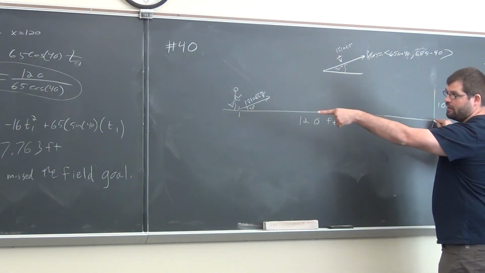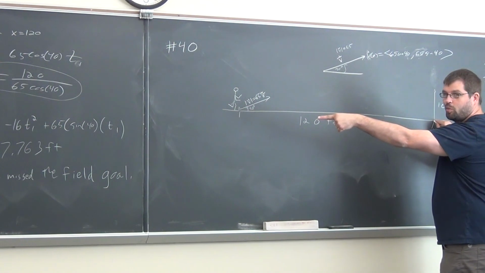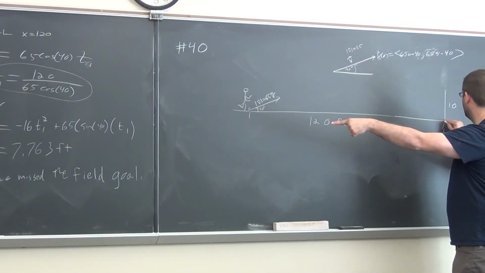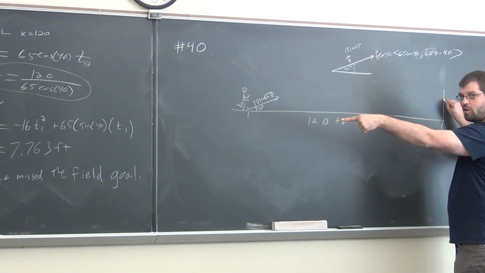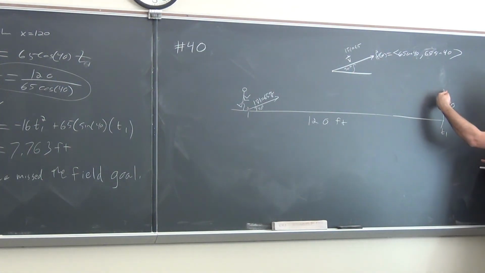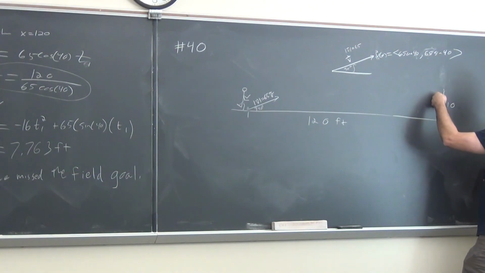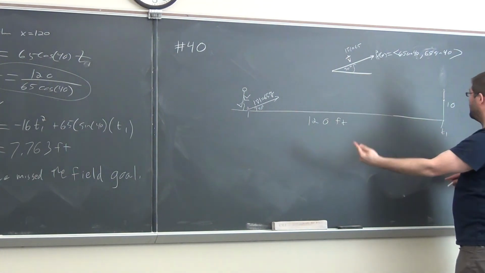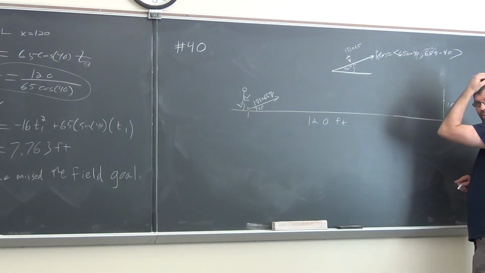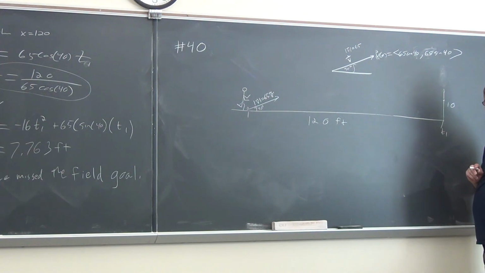And then what's Y of T1? 7.763, somewhere around there. So are we going over this thing? No, our ball's on its way down there. It's not going to clear that 10-foot thing. If that number was 12, then we would have cleared the fence, or cleared the goalpost.